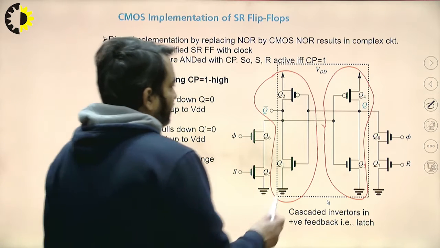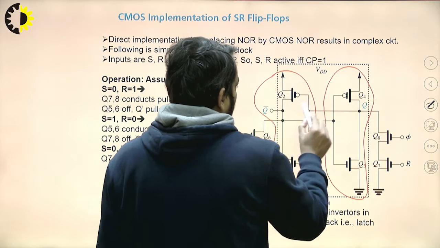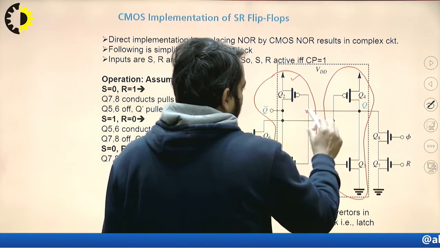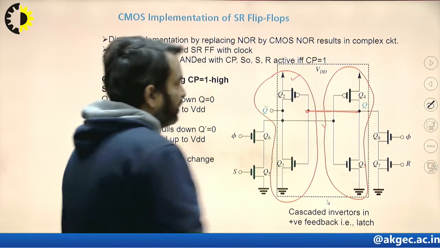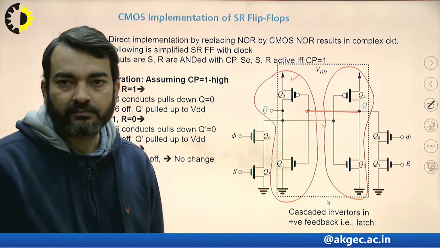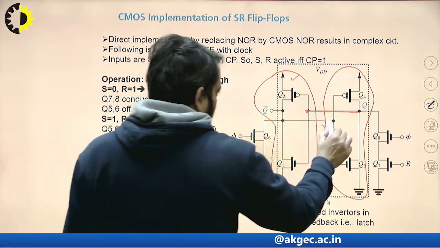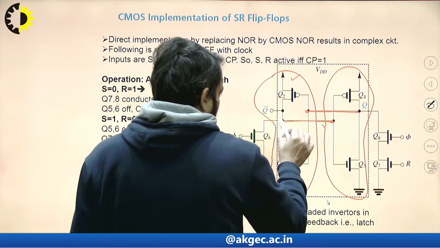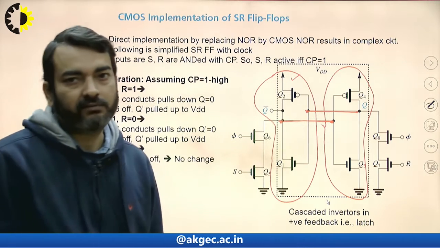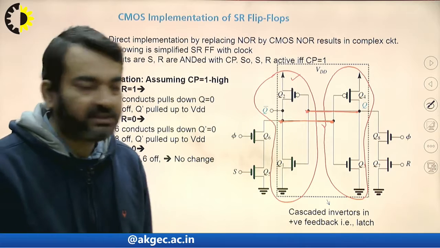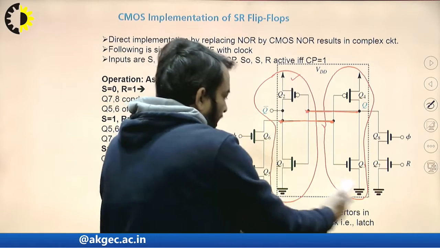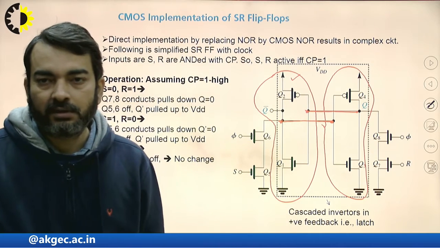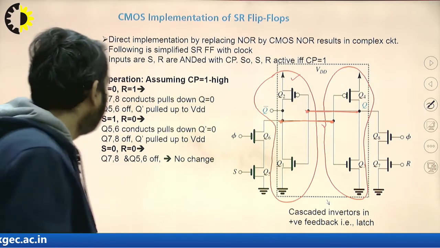So the input of this inverter is connected to the output of the second inverter, and the input of this one is connected to the output of the first inverter. So we will say internally within this rectangular box, these are the cross-coupled inverters.